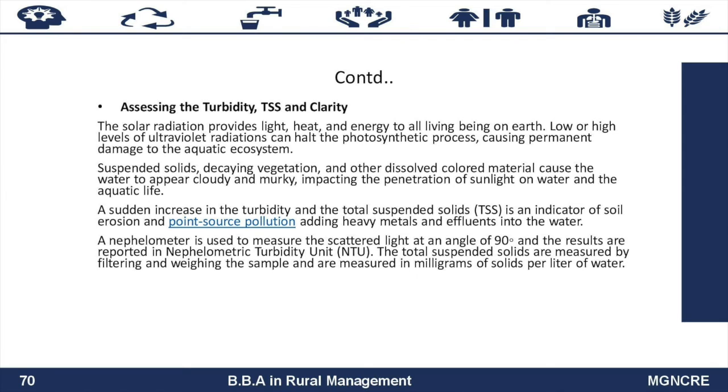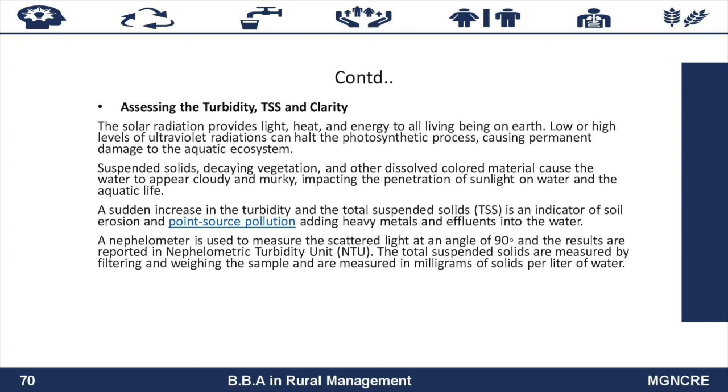A sudden increase in the turbidity and the total suspended solids is an indicator of soil erosion and point source pollution, adding heavy metals and effluents into the water.